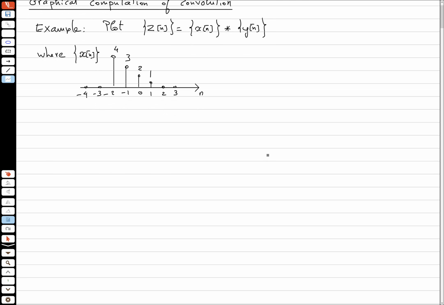So we take x of n like that, and y of n, let's see, how can I take y of n? Let's pick an easy one. One, like that.